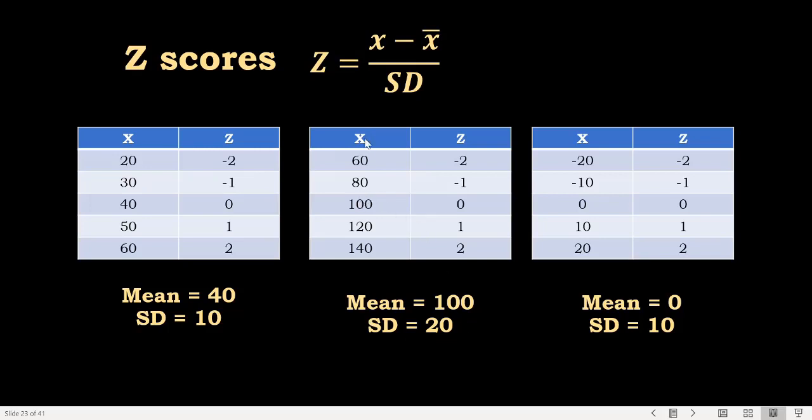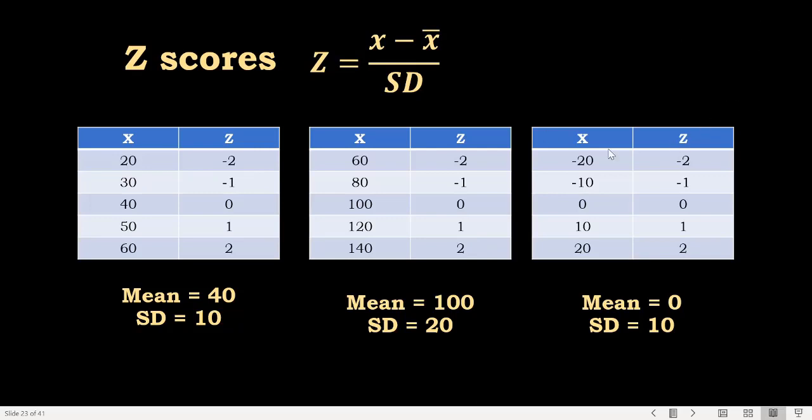So if we do 140 minus the mean, which is 100, then I get 40, and 40 divided by standard deviation, which is 20, that's equal to 2. With 120, we do 120 minus 100, that's 20. 20 divided by the standard deviation, which is 20, that's then 1. So we've got this z-score of 1.